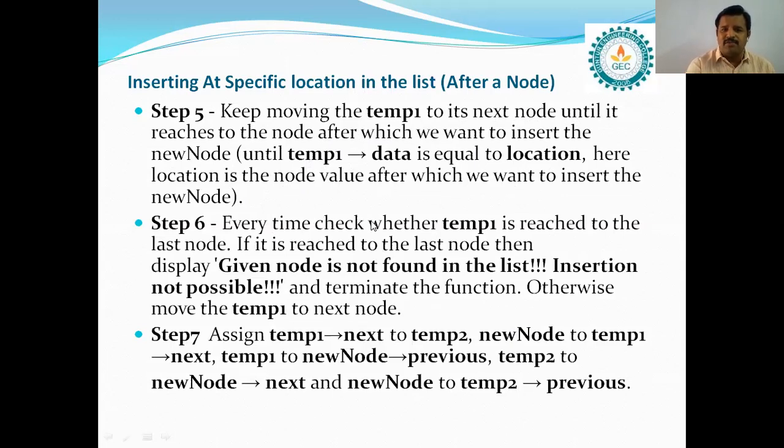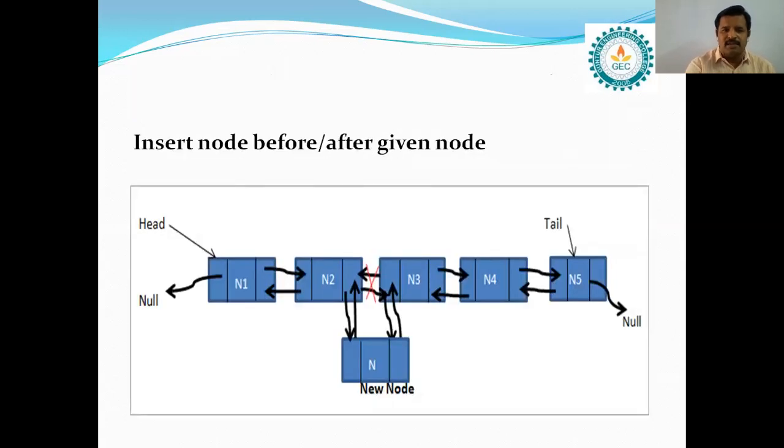Every time check whether temp1 has reached the last node or not. If it has reached the last node, then display that the given node is not found in the list and insertion is impossible. Otherwise, assign temp1 next to temp2 and new node to temp1 next, and temp1 to new node previous, and temp2 to new node next, and new node to temp2 previous. In this way we can adjust the pointers, right?